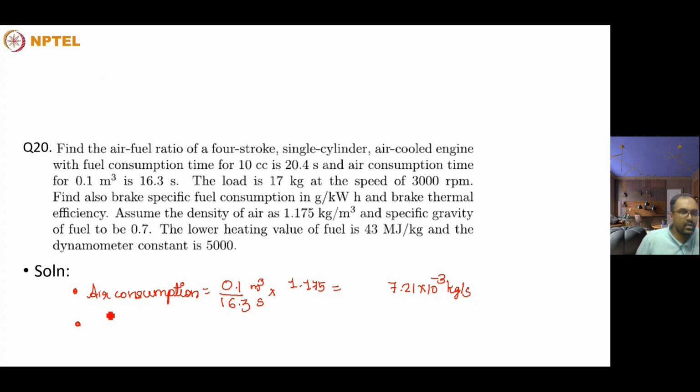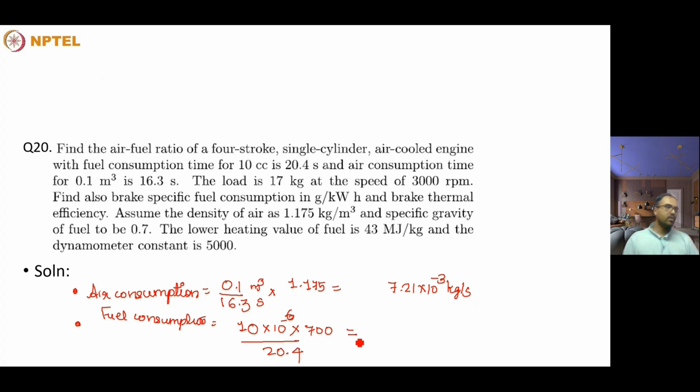The next quantity we have to find is fuel consumption in terms of kilogram per second, same unit. In this particular problem, we have been given 10 centimeter cube. So 10 into 10 power minus 6, multiplied by the density, which is 700, and the time taken for this much flow is 20.4.